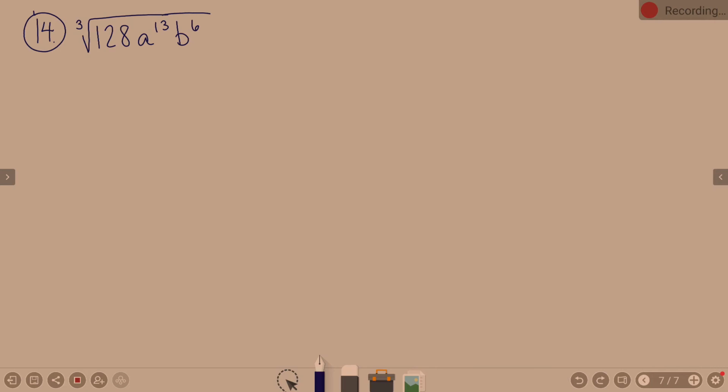That's probably the most confusing thing about this, we're in cube root world instead of square root world. So, as I look at 128, can I take the cube root of 128? No. 128 is not on my cube root list.